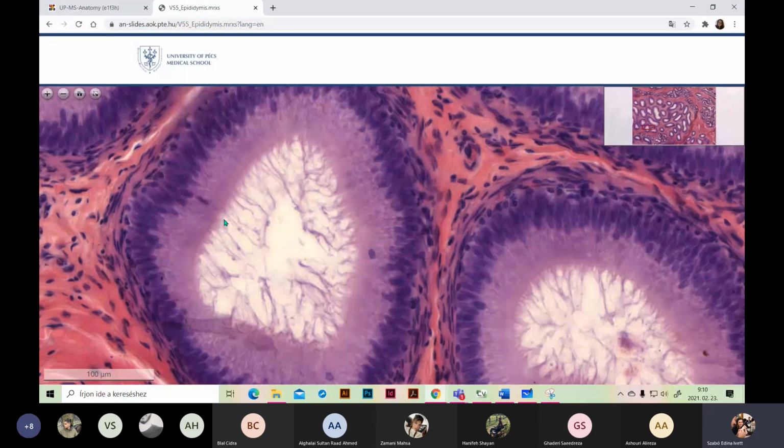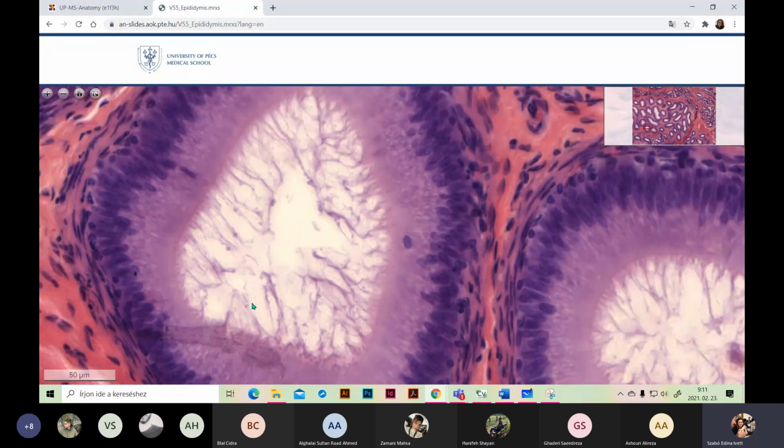Stereocilia is the biggest surface modification. It's a huge structure, and they don't stand parallel to each other. If you see this picture, you can see stereocilia are attached to each other. Okay.